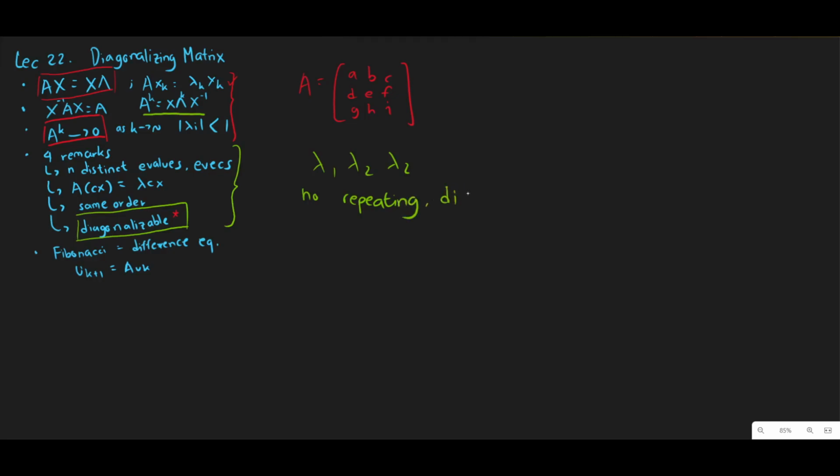In other words, they are distinct. Then it automatically means that I also have distinct eigenvectors x1, x2, x3, and this is diagonalizable.